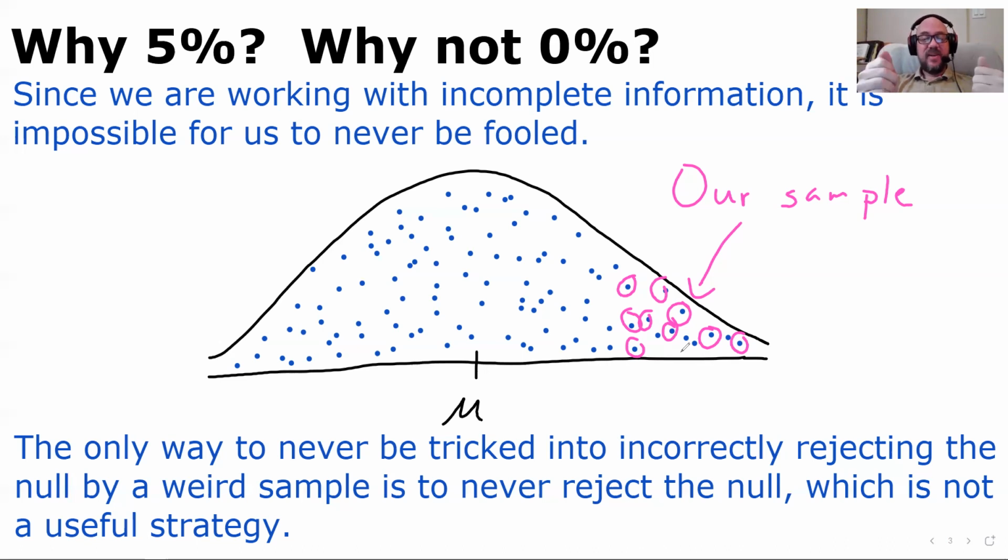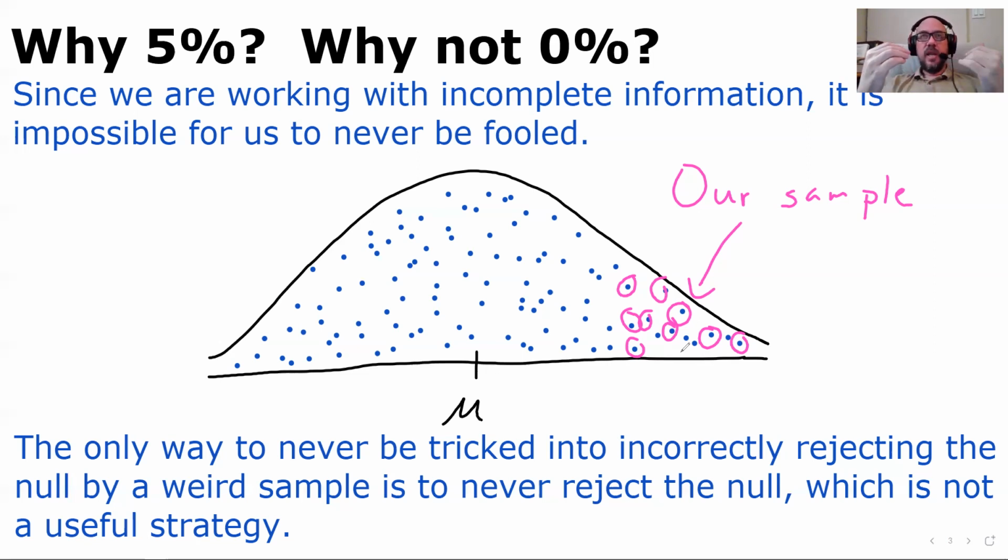But alpha and beta have an inverse relationship. If you are very reluctant to reject the null hypothesis, which is what setting a very small alpha means, you're going to make a lot more type 2 errors, where you fail to reject the null hypothesis even when you should.